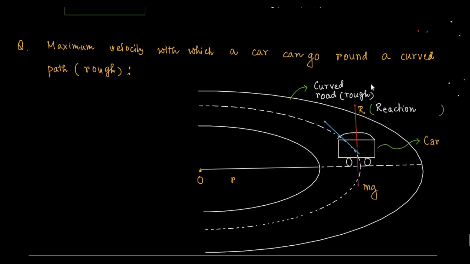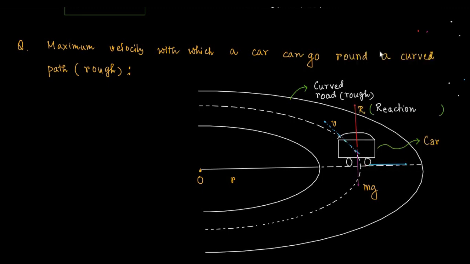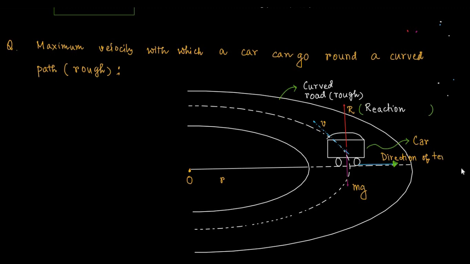Now we can denote the tangential velocity of the car with which it will try to go around the curved road. V is the tangential velocity of the car. The car has a tendency to move radially outwards, and this is the direction of tendency to move.